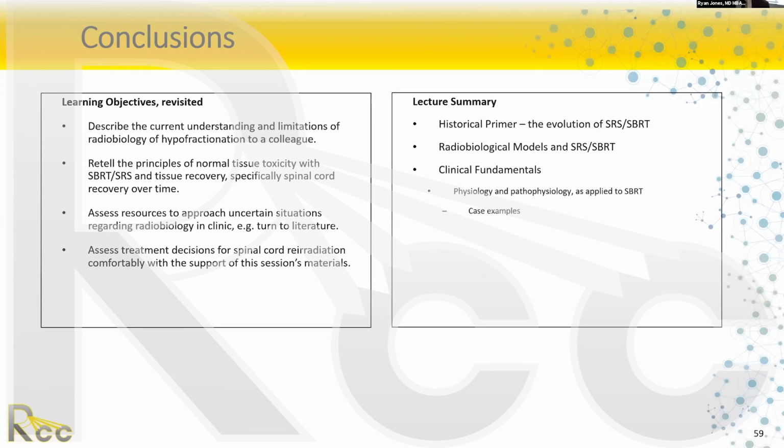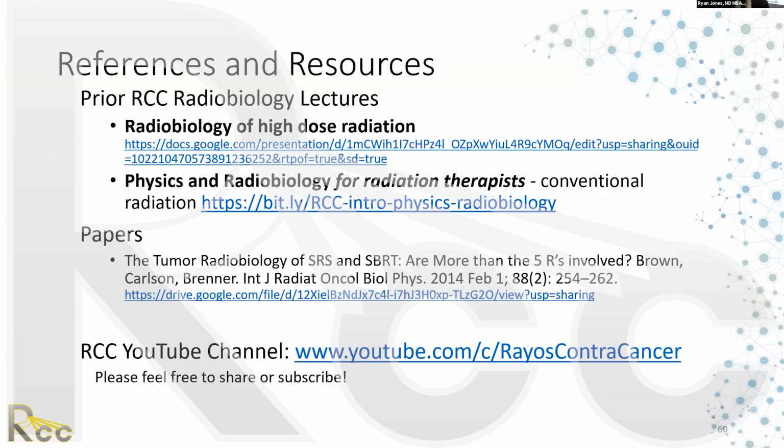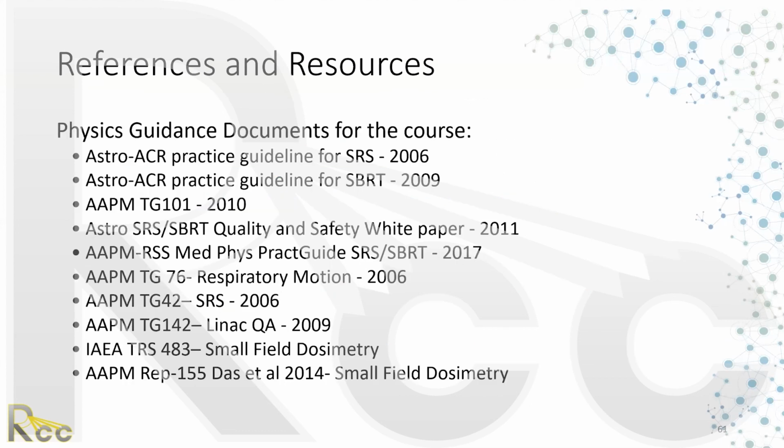That's turning to the literature, the clinical trials, what published outcomes data they have, what normal tissue constraints data they endorse, and then treatment decisions for reirradiation comfortably. That's why I include those recommendations, but that is a riskier scenario, so proceed with caution. Some references and resources are included at the end of this. More listed there.